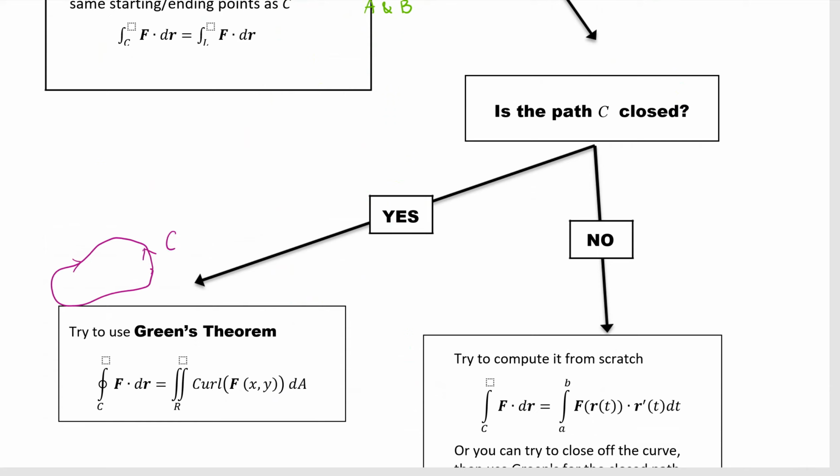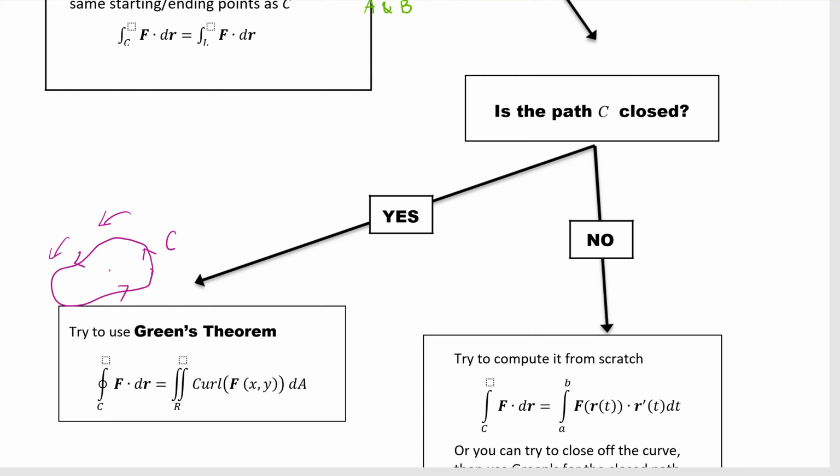Then the circulation, okay, we measure how much the vector field is going along C. So that is the double integral of the curl. So we also want to measure how much the vector field is rotating counterclockwise.